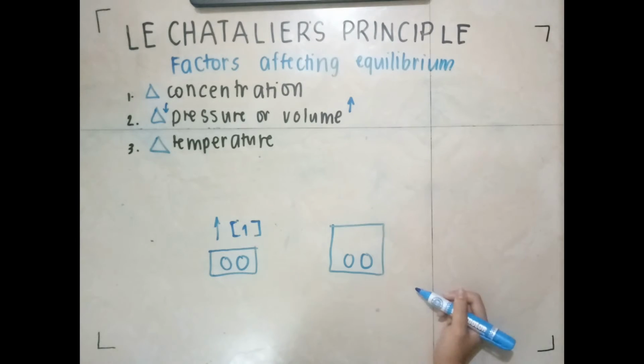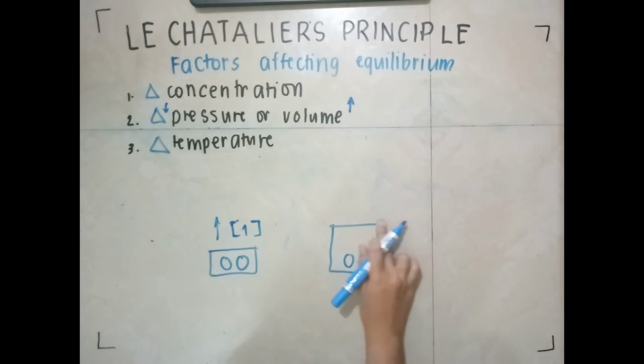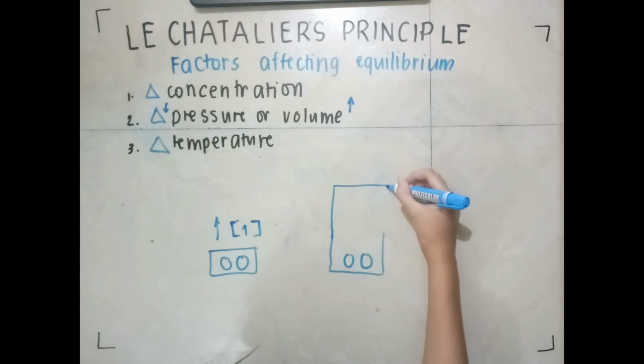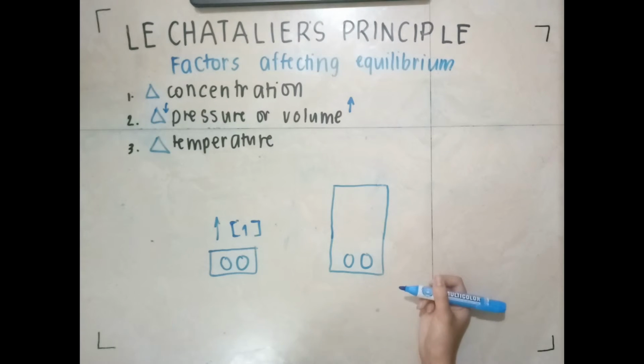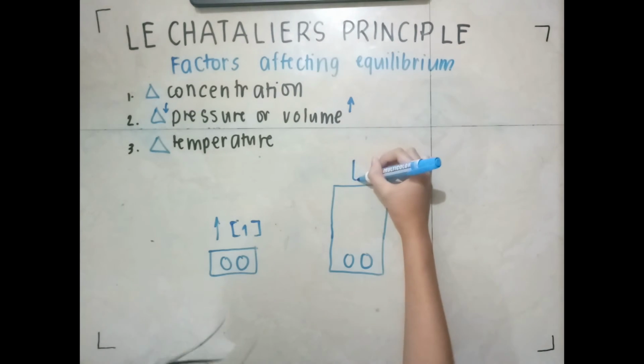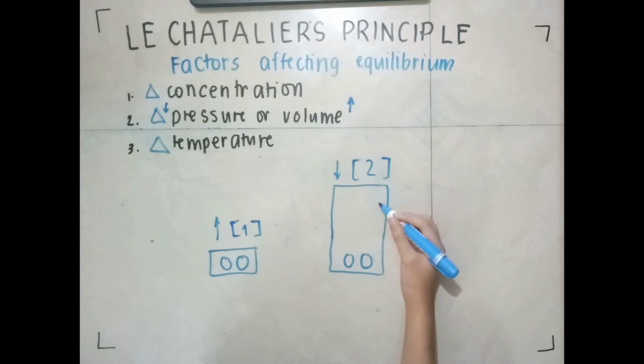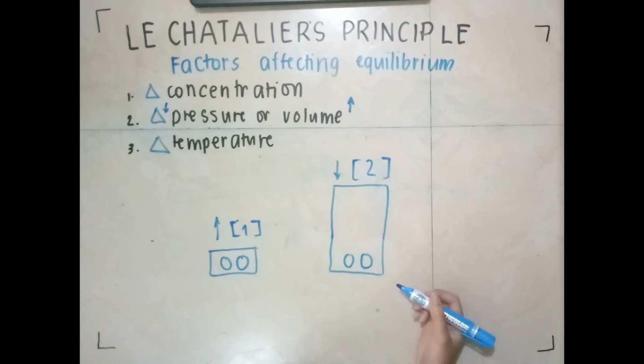Now, what if we make box 2 two times bigger? If this happens, the concentration of box 2 decreases because there is more space to occupy.